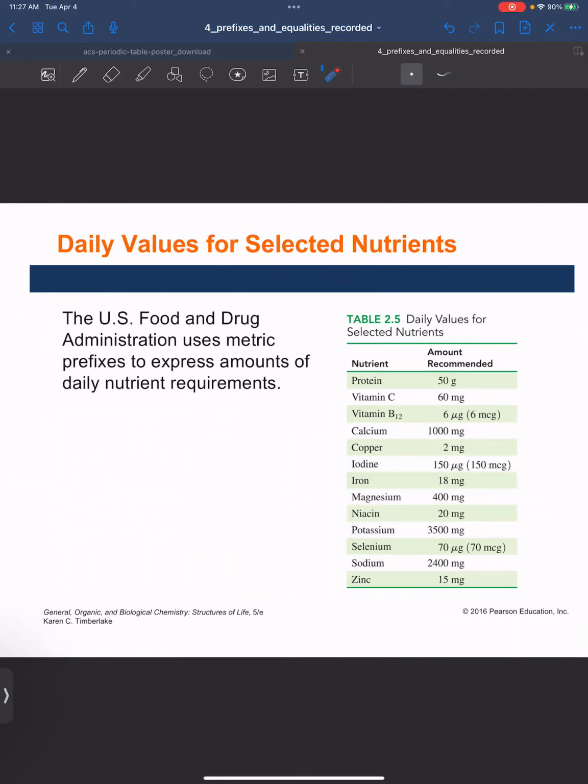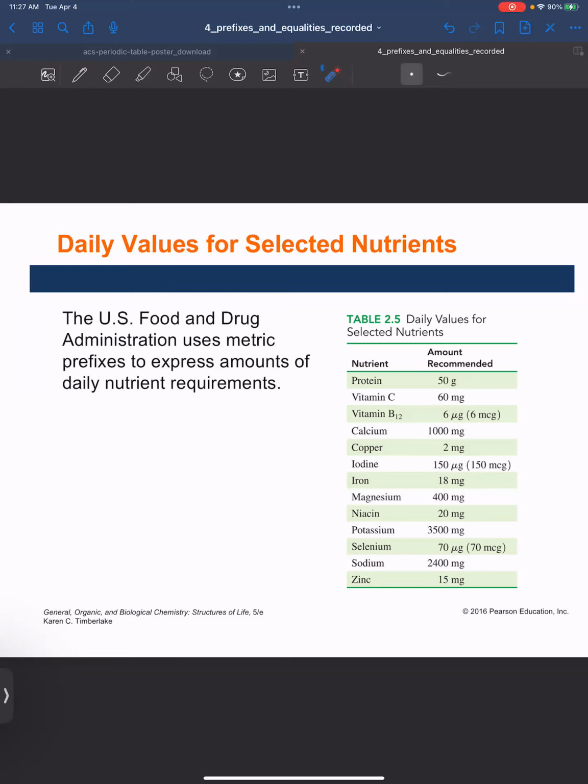And just as an example, when you're looking at different ingredients in the foods that you eat, the US Food and Drug Administration uses those metric prefixes to express amounts of daily nutrient requirements. And now you can start to think about, oh, what prefix is this?